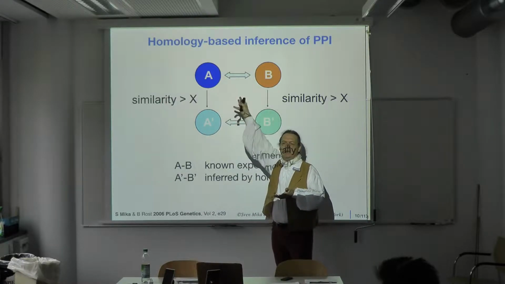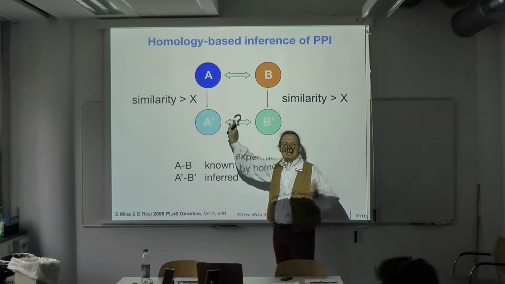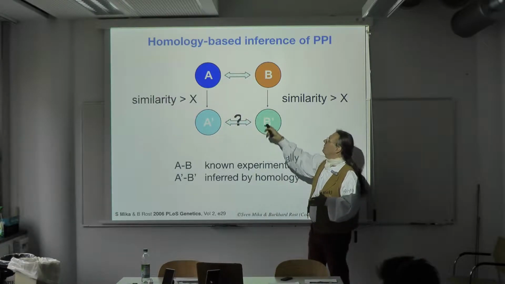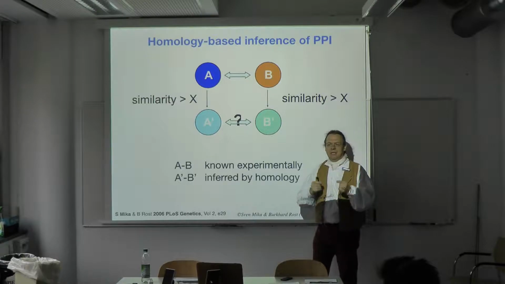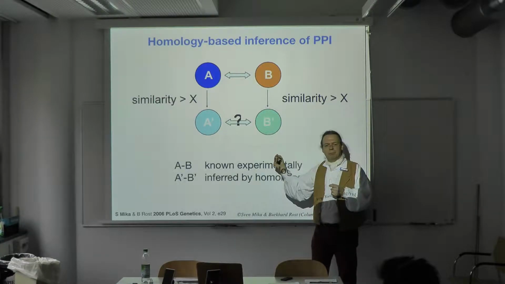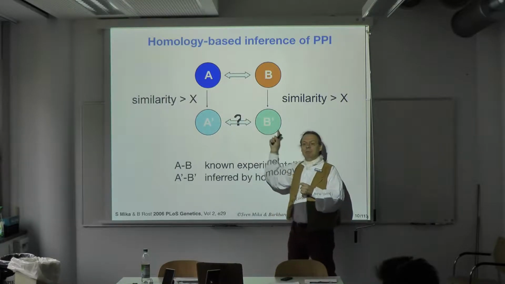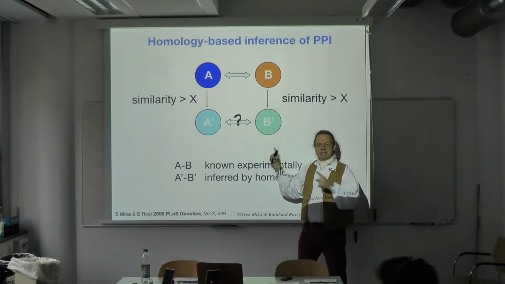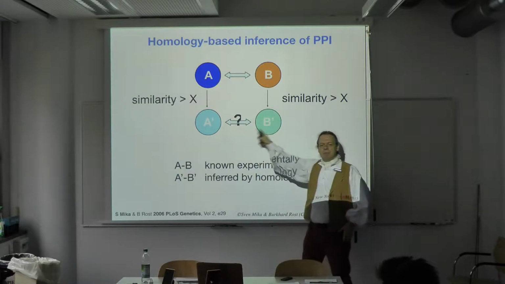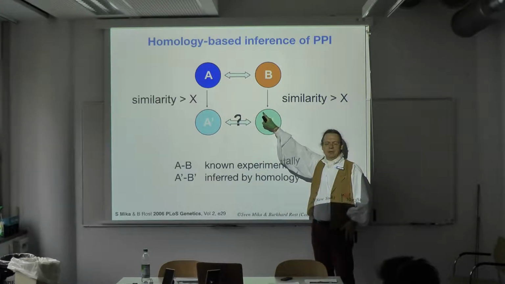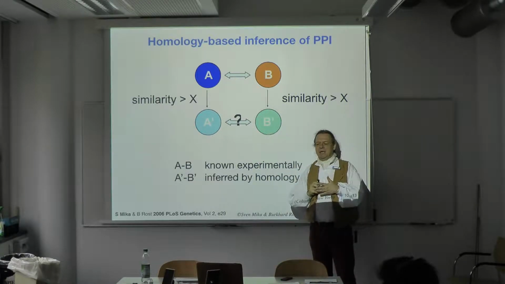I say A prime has the same function as A because they're similar in sequence. Now, the thing is a little bit more complex because what I actually want to talk about is A binding B. So I need a protein A prime similar to A, and a protein B prime. So I need a pair that is similar to the ones up there, right? So A prime, B prime, if they are similar enough, then are they going to interact is the question.